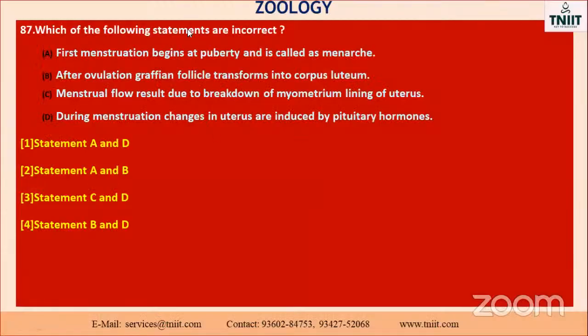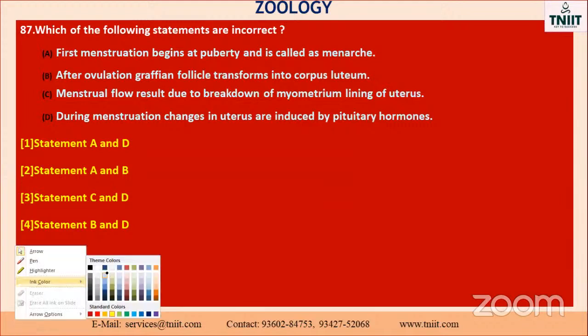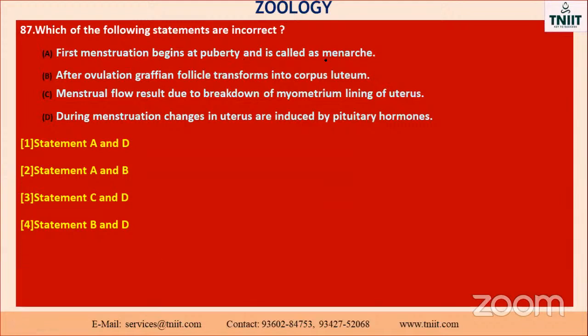Next one is, which of the following statements are incorrect? Okay. The first menstruation begins at puberty and it is called menarche. Is it correct? Okay. The first menstruation begins at puberty, it is called menarche. Yes, it's a correct one. Or incorrect?